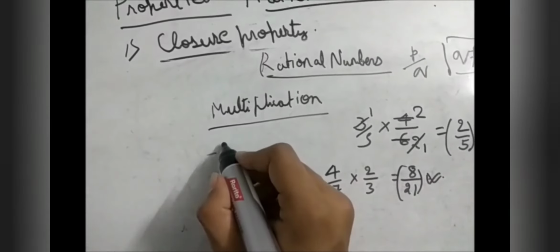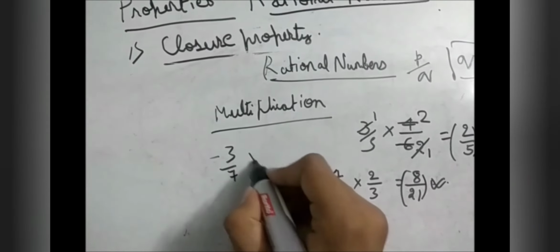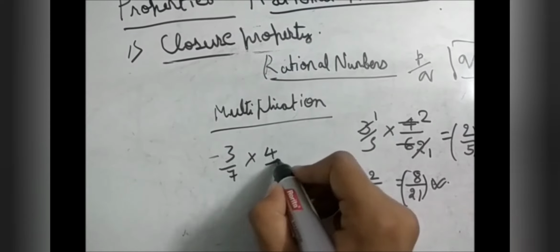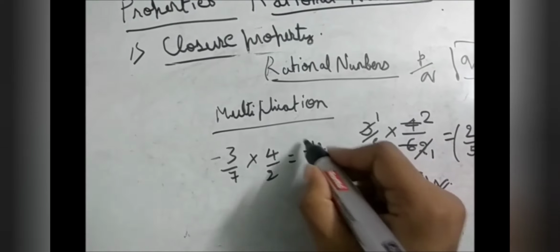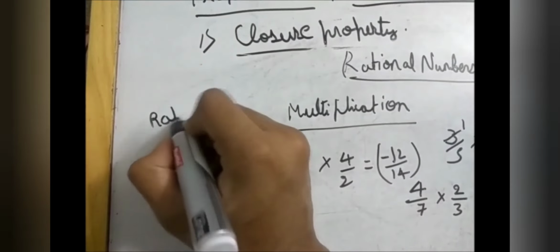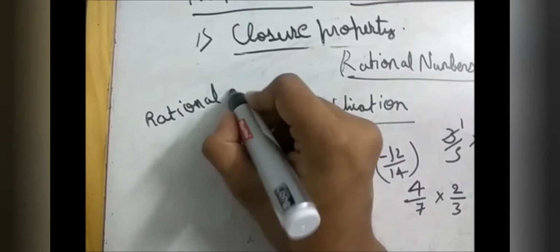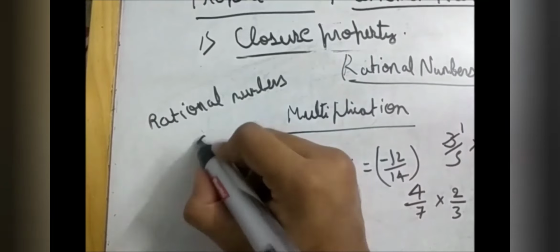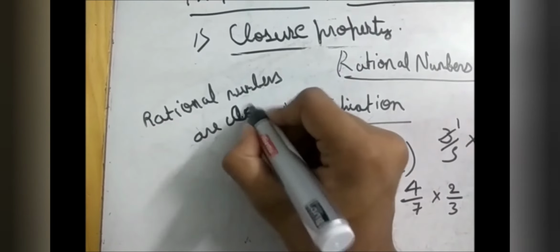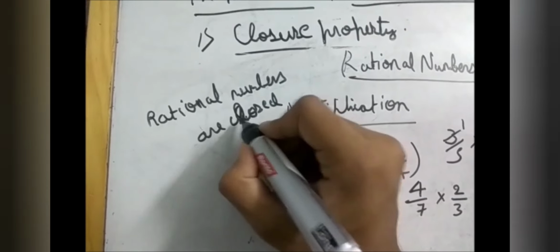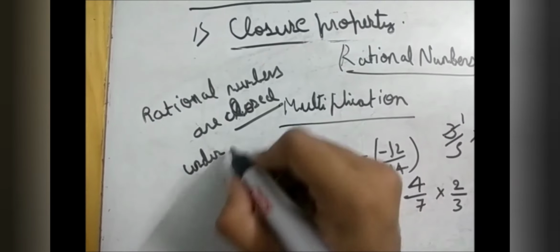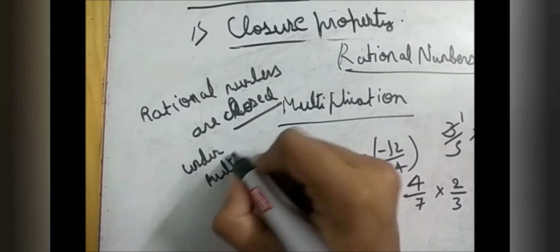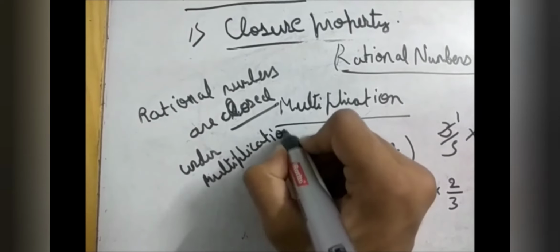We can take any number, minus 3 by 7 into 4 by 2, which will be equal to minus 12 by 14, which is a rational number. So we can conclude that rational numbers are closed under multiplication.